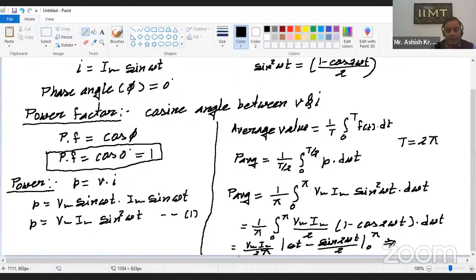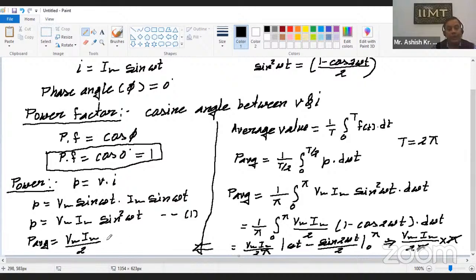After putting in the values, the average value is Vm Im upon 2 pi into pi. Pi cancels out, and the average power equals Vm Im by 2.